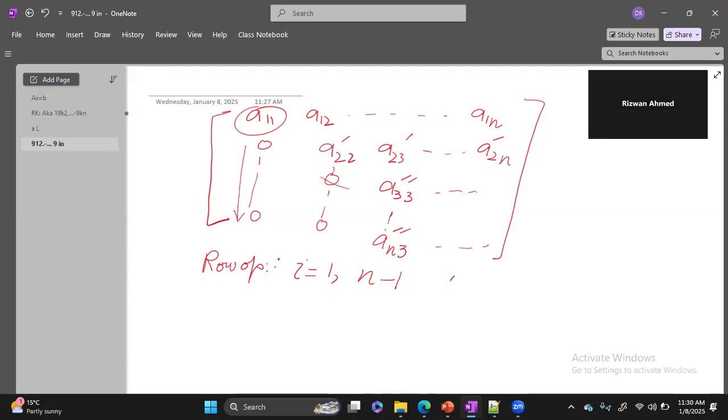And then how many entries do you have to bring to zero? So if I say j, j varies from, this one is A21, right? This number was A21, A31, A41. So this number is i plus 1, and it goes up to n.